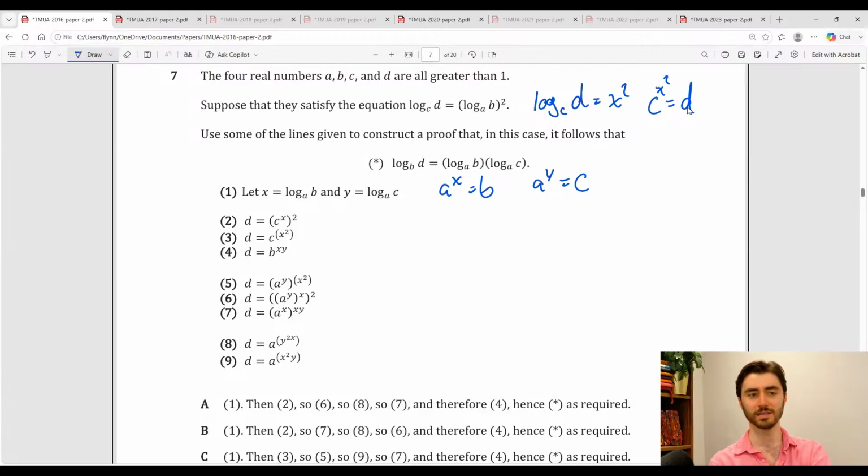God, you can tell my brain is tired. I did this so fluently the first time I did it. No, we can do this, guys. Come on, team. So c to the x squared, so d is equal to c to the x squared. That is certainly true.